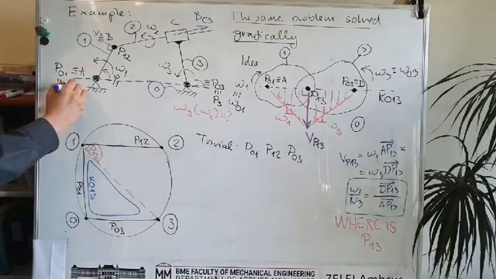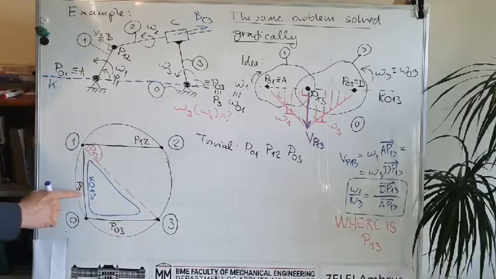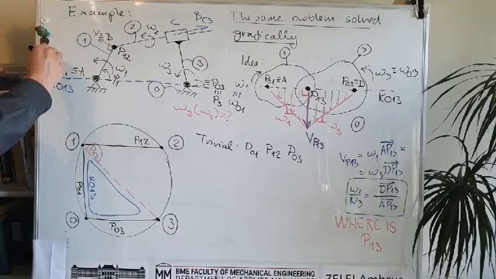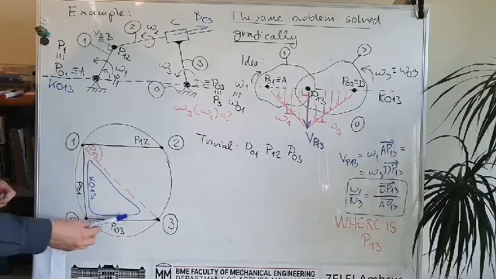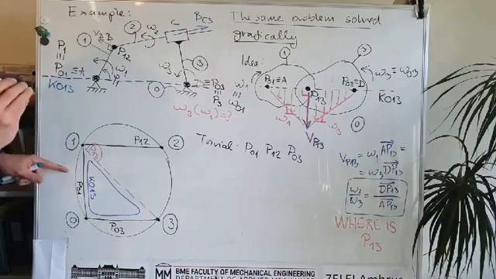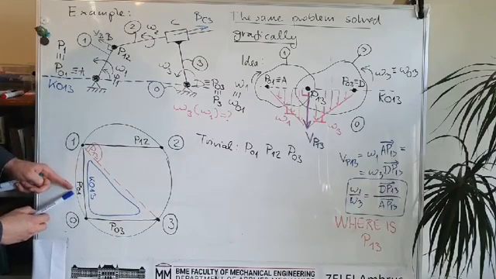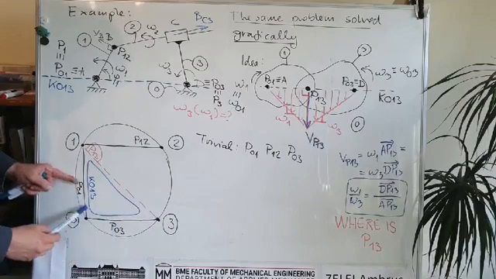Okay, so this blue one is Kennedy line 0, 1, 3. We know that the Kennedy line 0, 1, 3 goes through P01 and P03, and if these 2 points are given, then we can construct the Kennedy line.